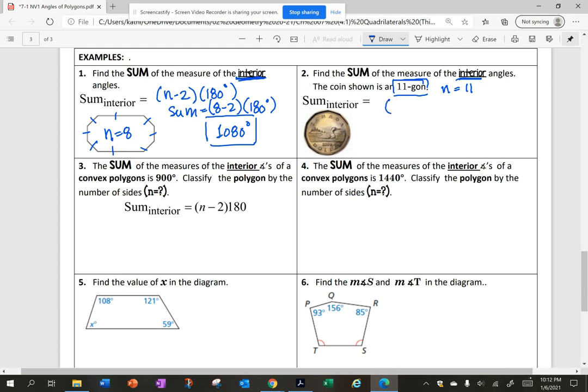So my sum is 11 minus 2 times 180 degrees. So my sum is 1,620 degrees. Okay, we're talking about angles, so make sure I have my degree measure to say what my units are.